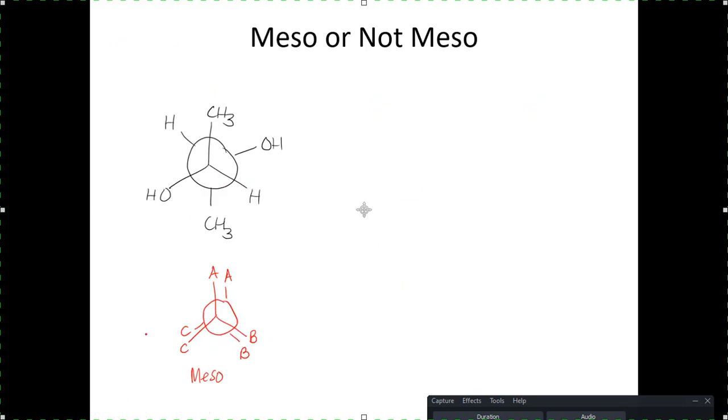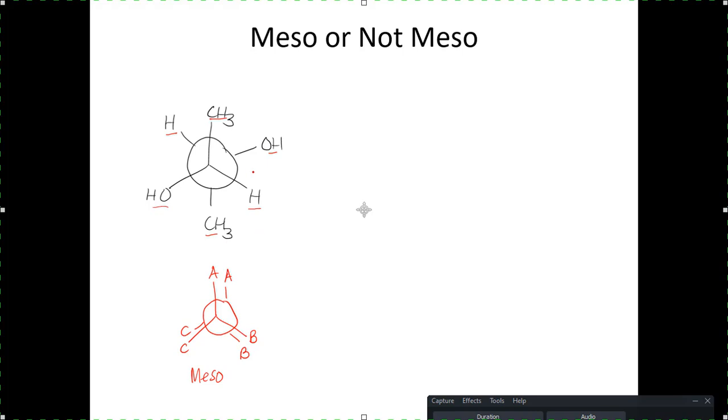Same thing would be true for our Newman projection. You have to have the same 3 groups, a methyl, OH and H, methyl, OH and H on the back carbon. You have to have the same 3 groups attached to the front and back for it even to have the potential to be meso.